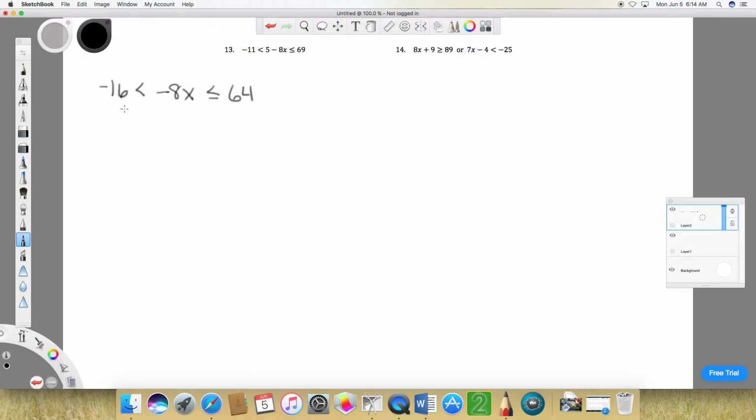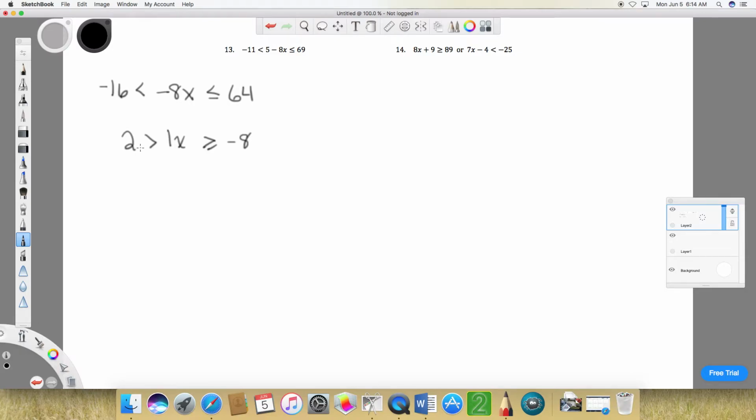So if I divide all three terms here by negative 8, I'm going to have to change the directions of these inequalities. So negative 16 divided by negative 8 is positive 2. Negative 8 divided by negative 8 is positive 1. And positive 64 divided by negative 8 is negative 8.